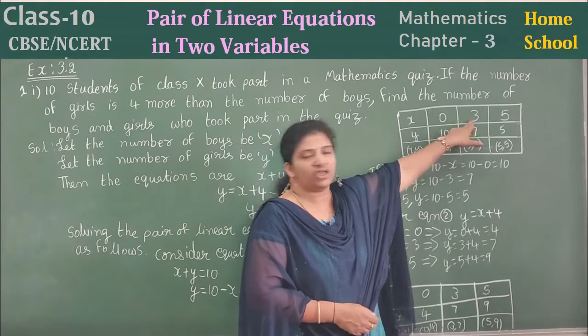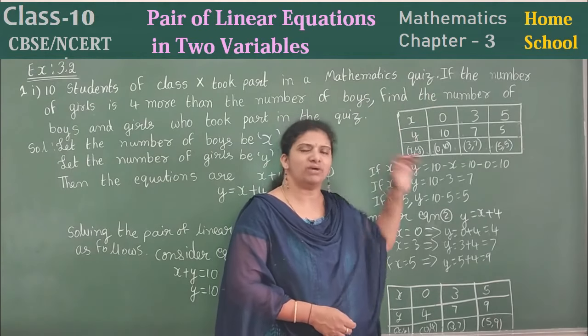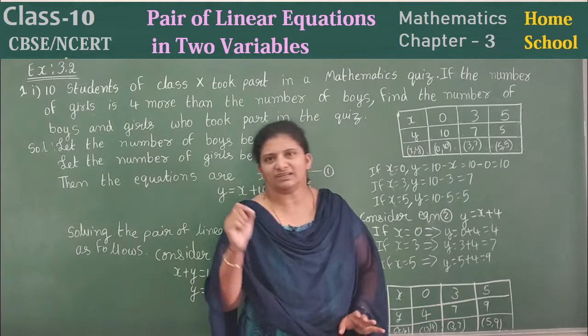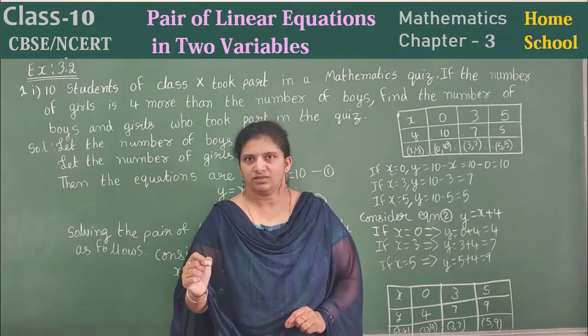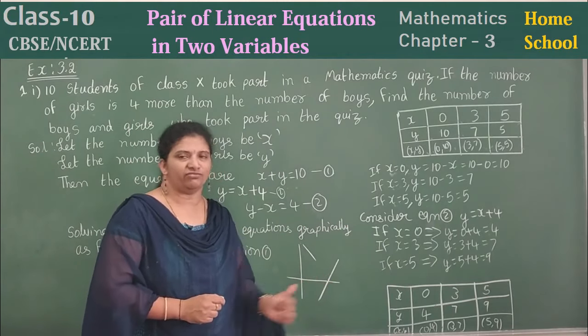That side, this side, any number of your choice. Here 3 I have taken, you can take -4 or -7 or 10, any number you choose. But in the middle, you should get the exact intersecting point. Sometimes you won't get it, then at that time it will be difficult for you.